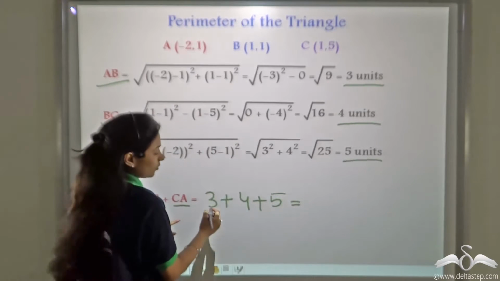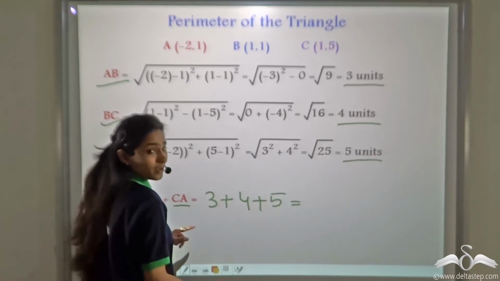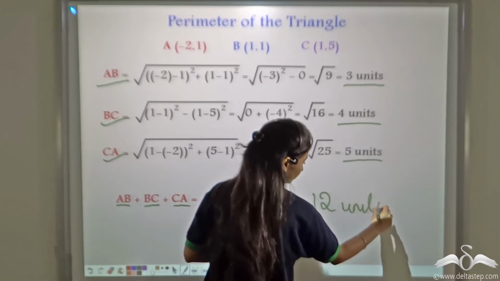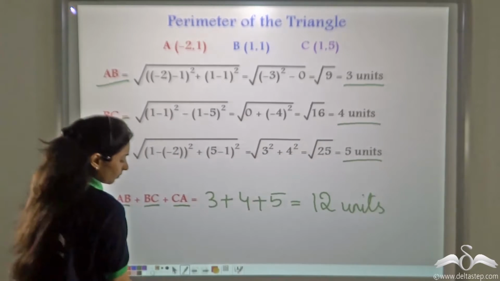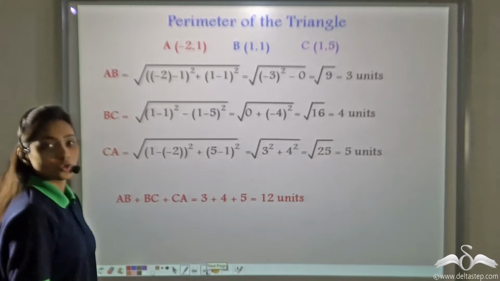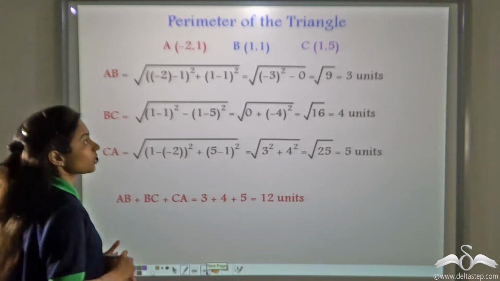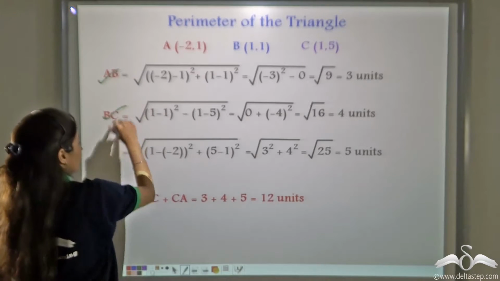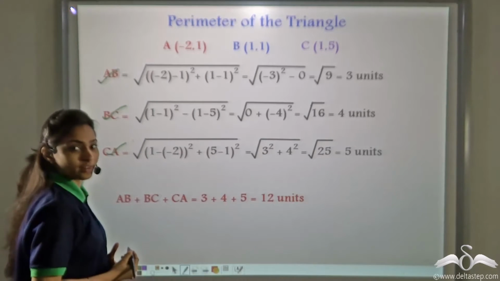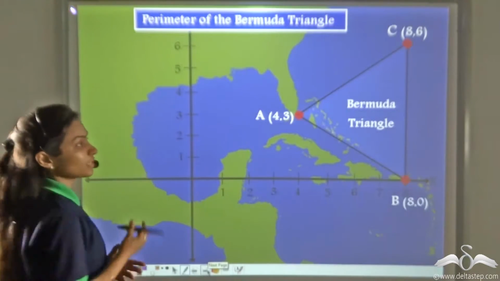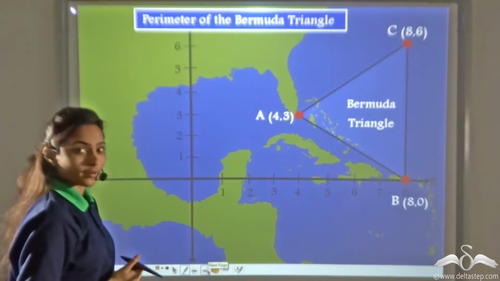How much will it give us? 3 plus 4 is 7, and 7 plus 5 is 12 units. So now you successfully know how to find the perimeter of a triangle. Just find the distance between the coordinates and add them up to find the perimeter. Now it is easy to find the perimeter of this Bermuda Triangle.